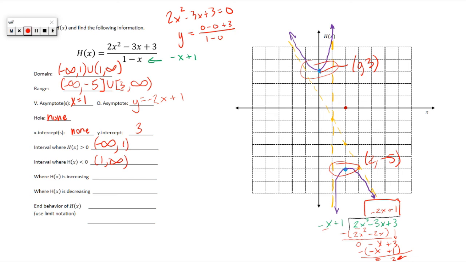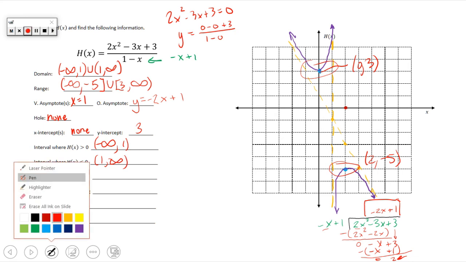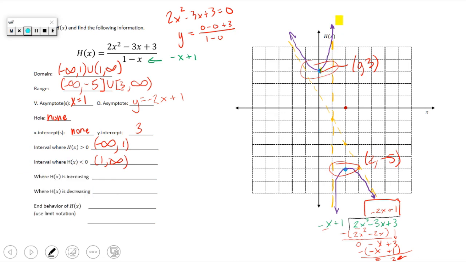Okay, then when is h of x increasing? So increasing, that just means we would look for from here to here, it's increasing, it's going uphill. And from like here to here, it's increasing, it's going uphill. So we got to write that in interval notation.